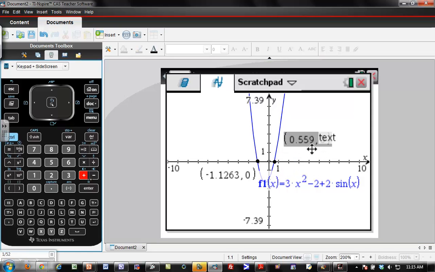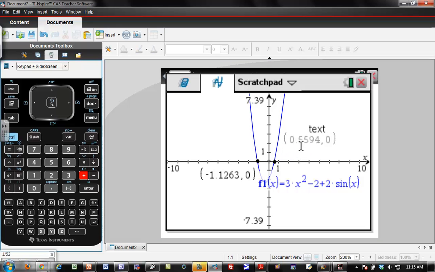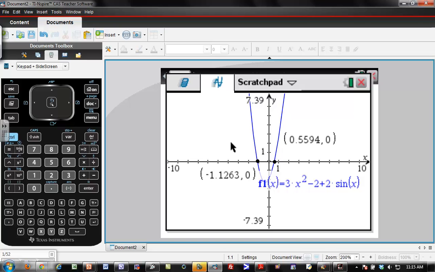And let me add one more decimal place of accuracy there. All right. And so there we have it. There's the 2 places where the derivative is equal to 0. So these should be the places where there could be a maximum or minimum. Could be.